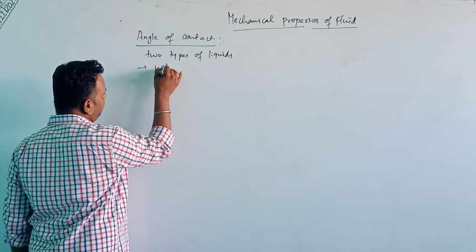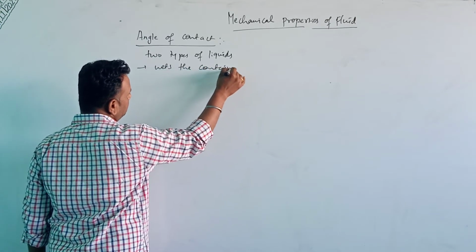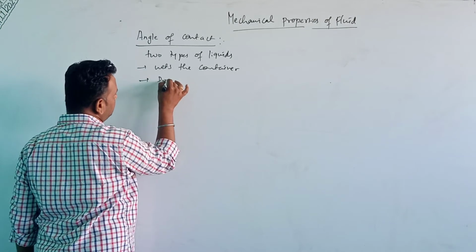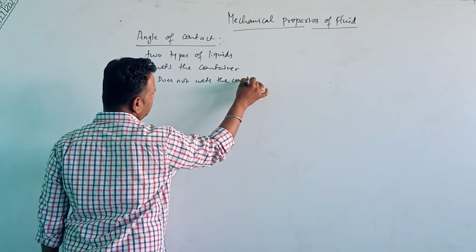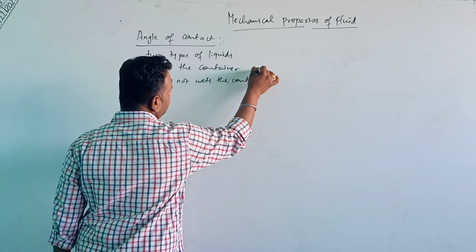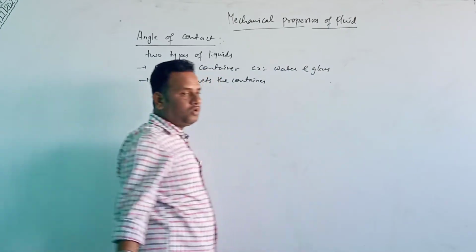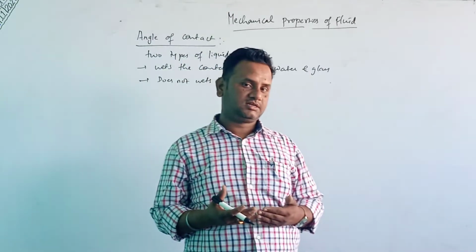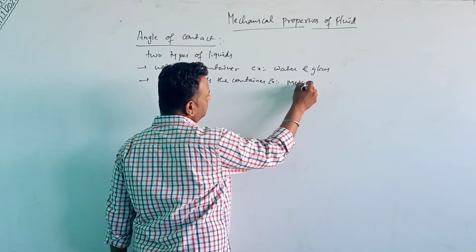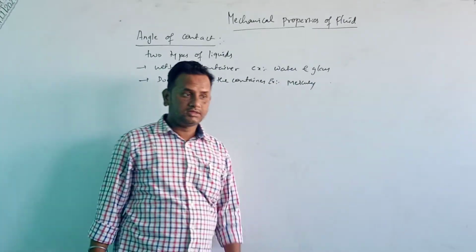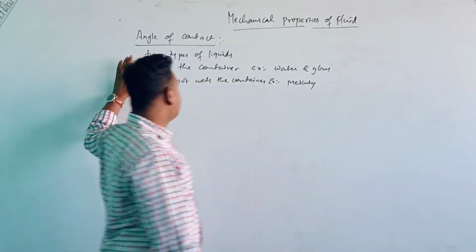One liquid wets the container, and the other does not wet the container. For example, water and glass: water wets the glass container. And for the other, the example is mercury: mercury does not wet the glass. So there are two types of liquids.